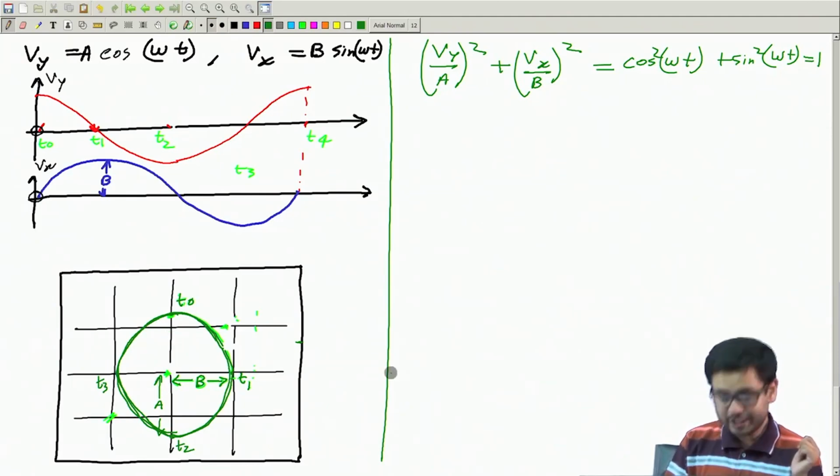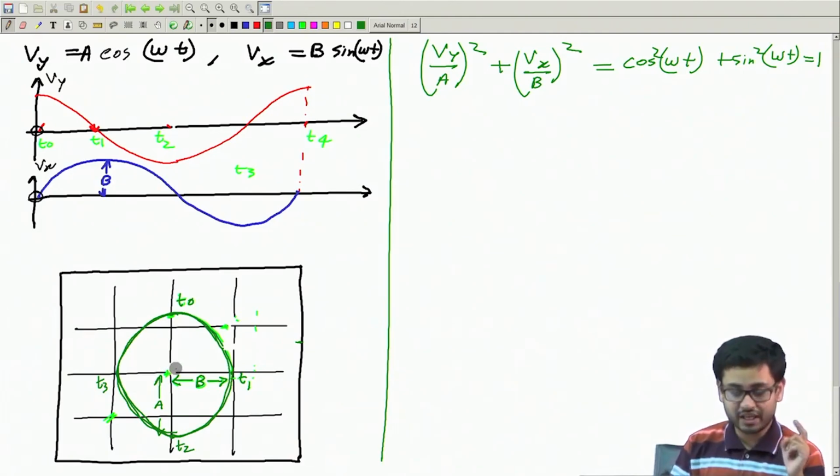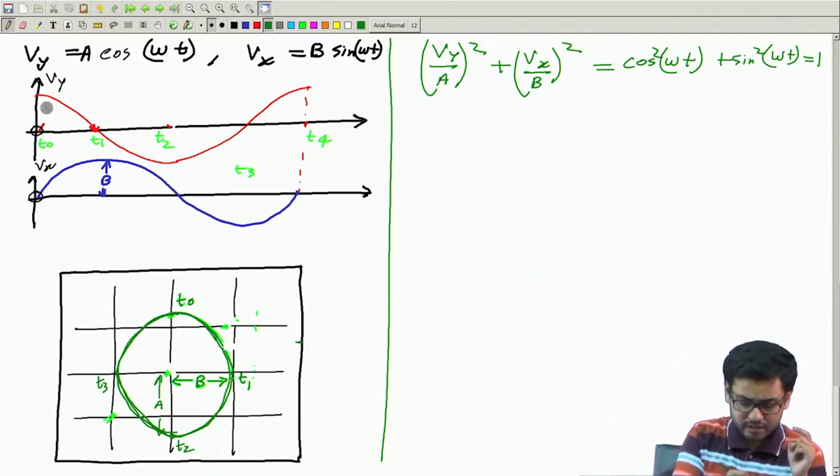So this way you can generate lots of different patterns, and you can also measure, for example, the ratio of these two amplitudes.